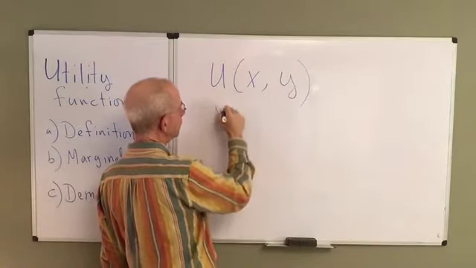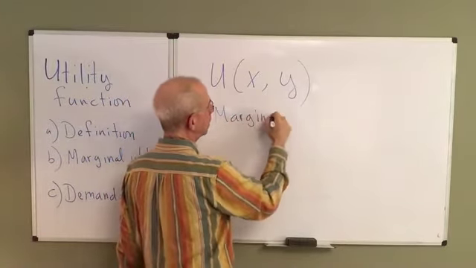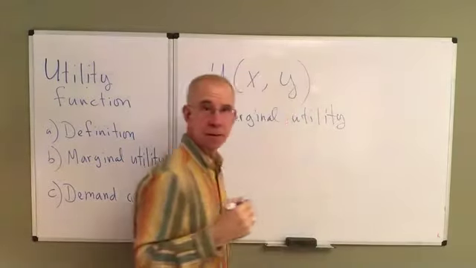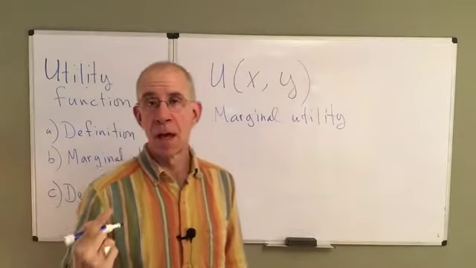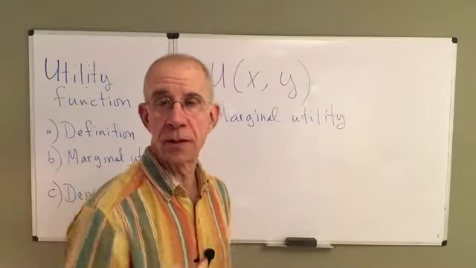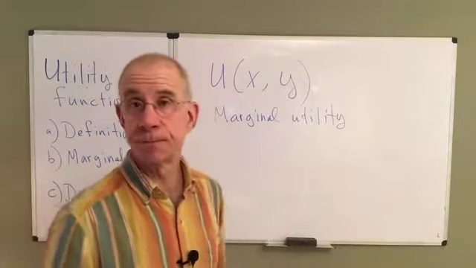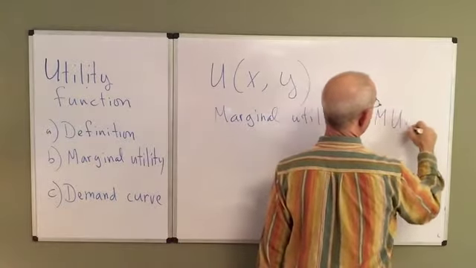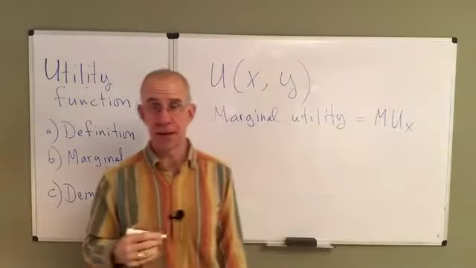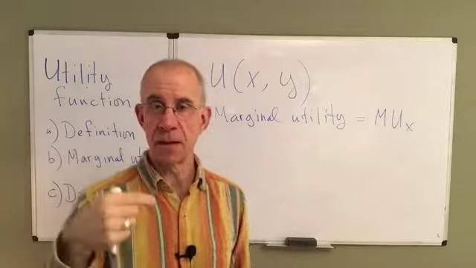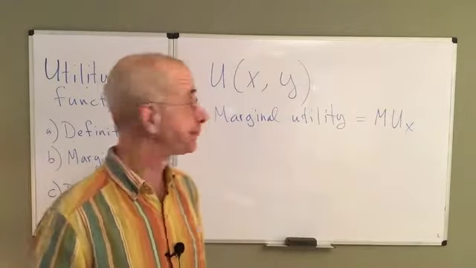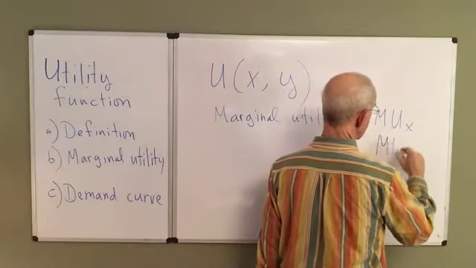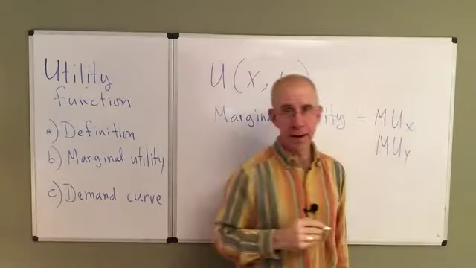So marginal utility is the benefit to the consumer of consuming one more unit of a good, say good X. Now, the way I will write that is the marginal utility of X. It's the extra happiness you get by consuming one more unit of X. We also have a corresponding marginal utility of Y.